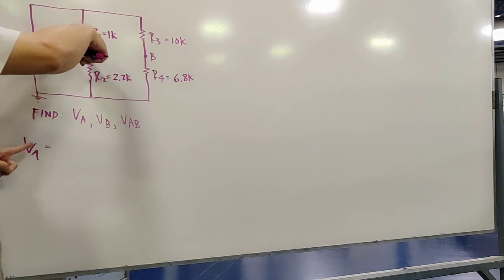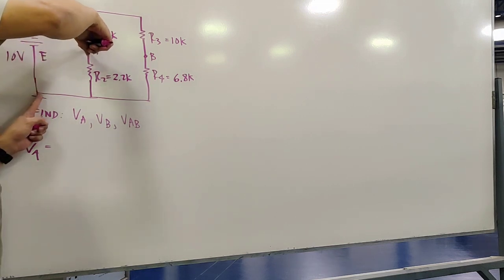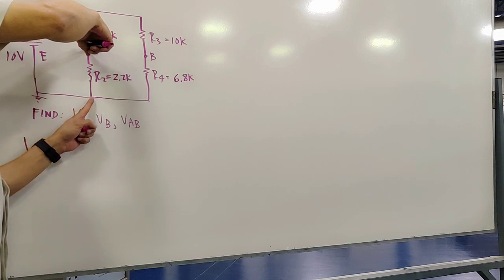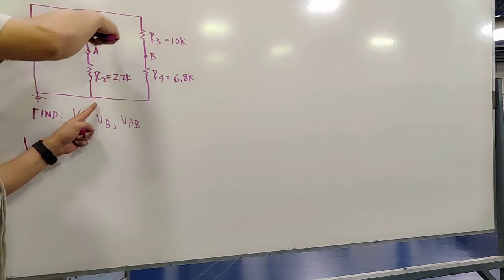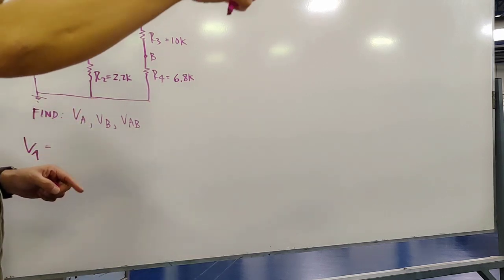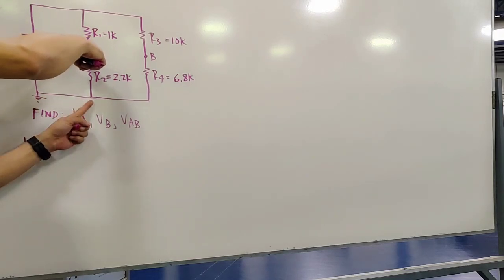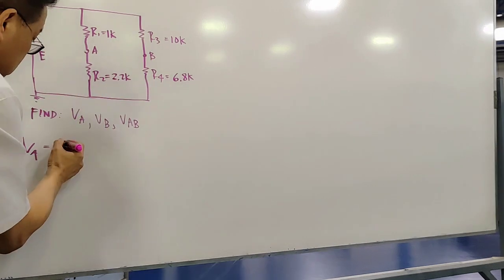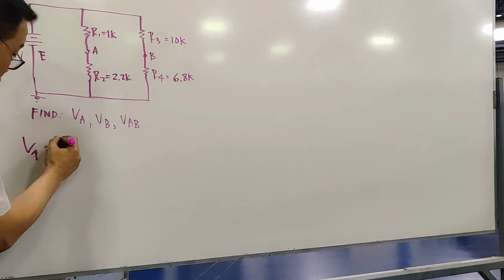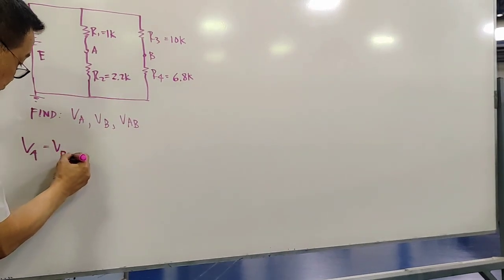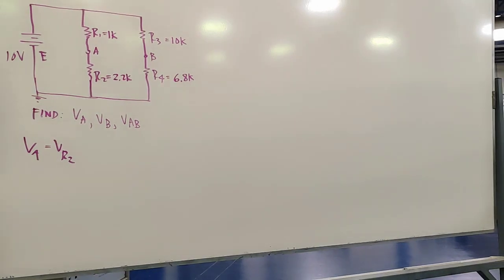So meaning, actually VA is the voltage across what? Same point here. It is the voltage across R2. Perfect. So here, we can say that this is also equal to VR2.